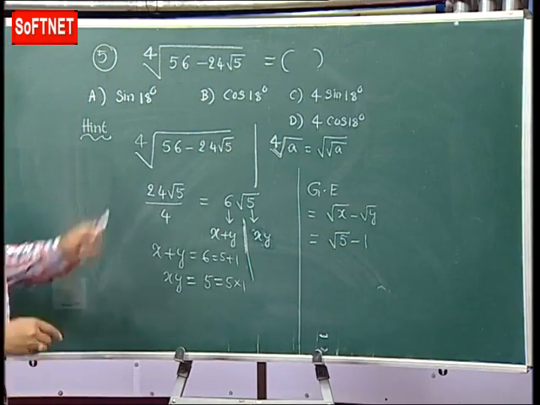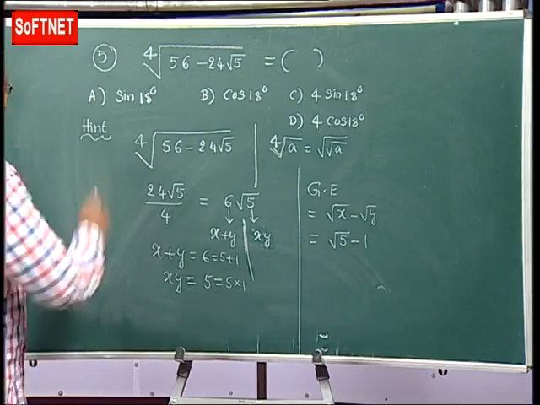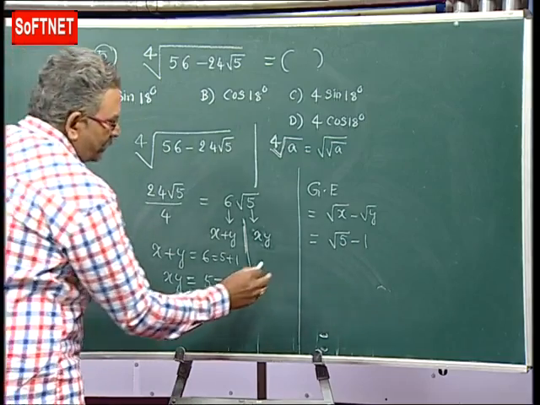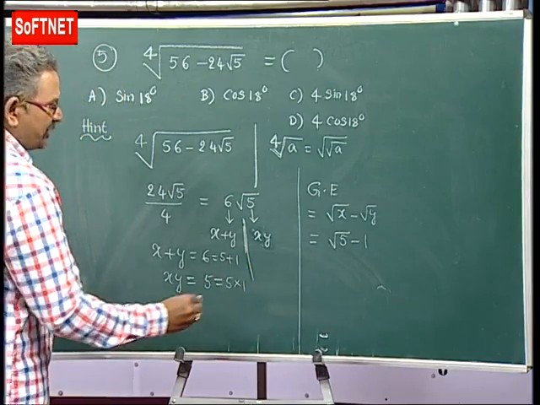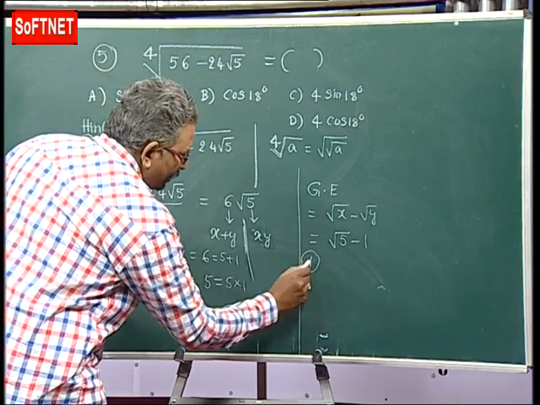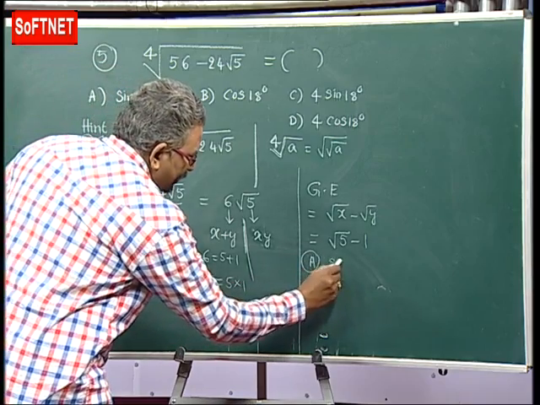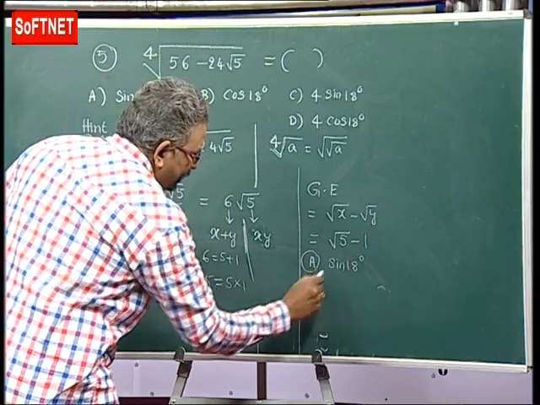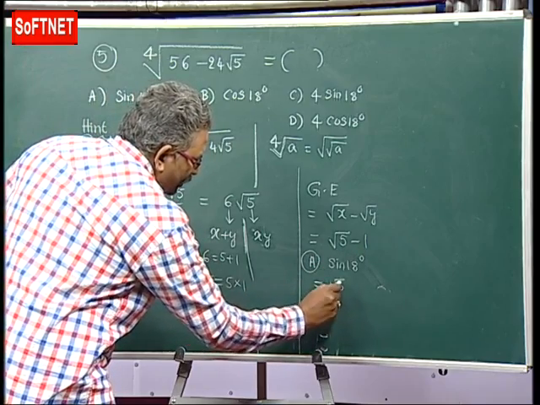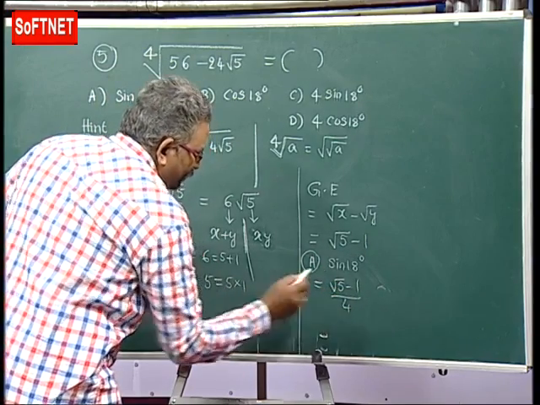But now check the options. First option, that means A, sin 18. Sin 18 is equal to root 5 minus 1 by 4, better you remember.